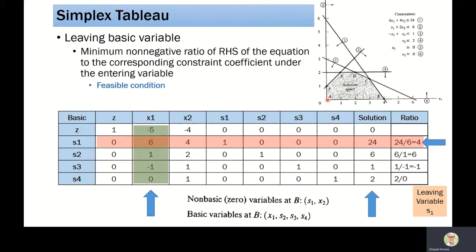So minimum non-negative ratio says what is the nearest point of intersection of the entering variable with the constraints. So we get 4, and that's why we say that we should take S1 as our leaving variable.